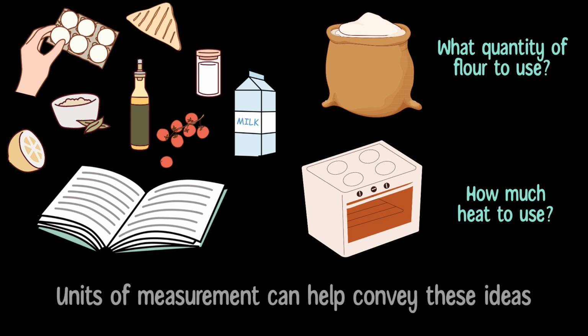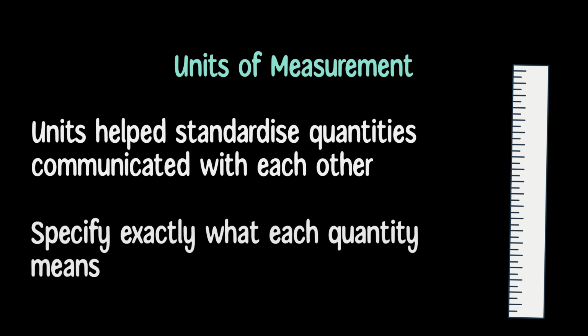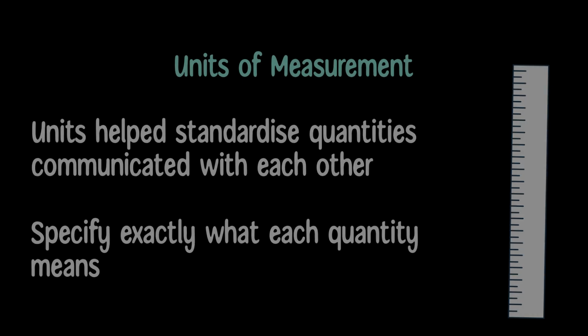And this is where we welcome you to units of measurement. In order to avoid confusion and misunderstanding, we usually use specific units of measurement to define a quantity. And what these units do is specify exactly how much of a quantity we're talking about.